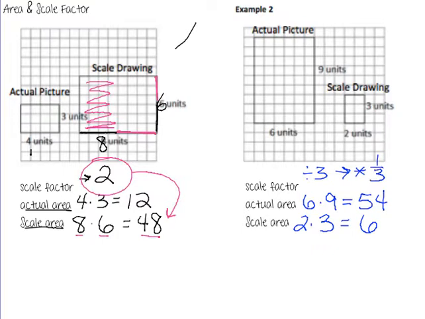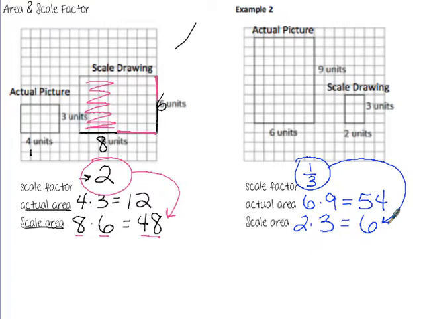Right? So if you know that you're going from an enlarged picture to a reduced picture, you know that your scale factor should be a fraction. So in this case, my scale factor is 1/3. So now I'm trying to figure out, how does this scale factor connect back to this area?